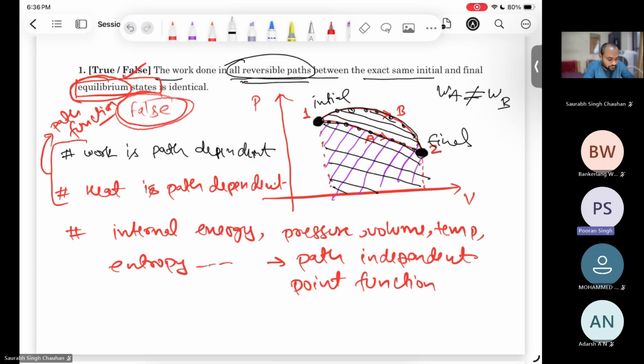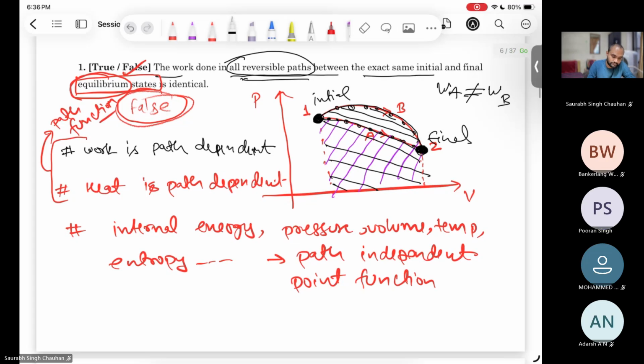Since the system is already in an equilibrium state, how do reversibility and irreversibility come into the picture?